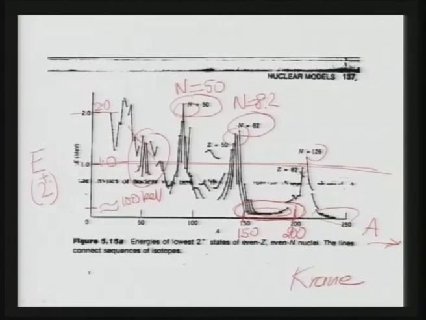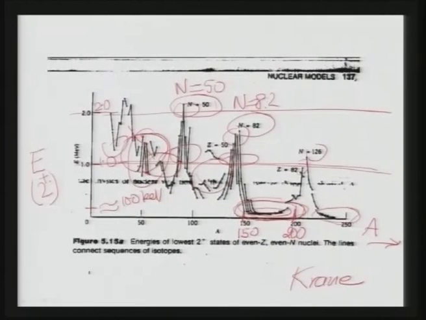Closed shell, near closed shell, it goes up to around 2 MeV, but most of the time it is around this 1 MeV. And for this particular range here, it is very small.